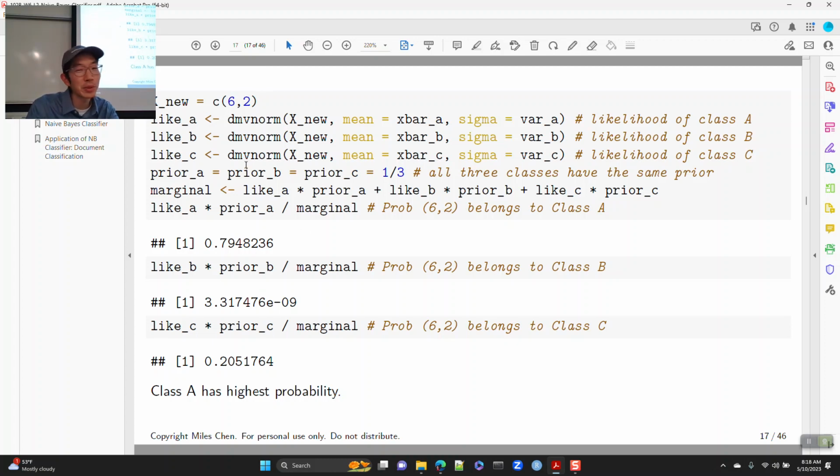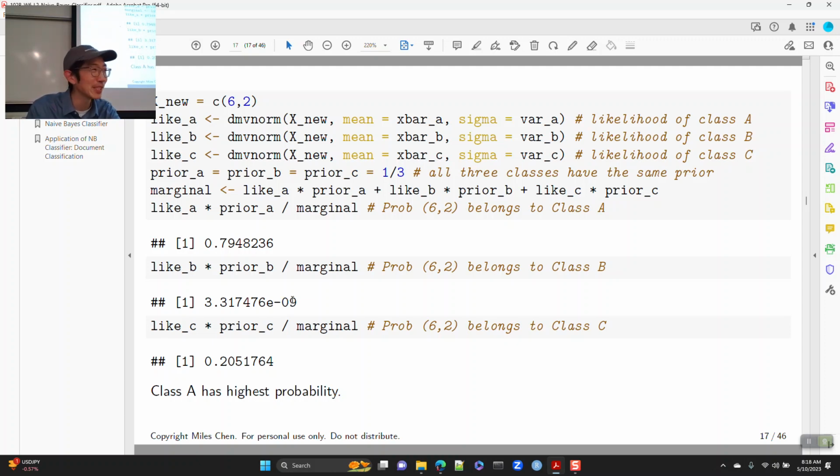Here I just did it all on one slide. Okay, so we have the likelihood by using DMV norm. We're going to say the priors are all 1/3. The marginal is the likelihood times the prior for all three classes summed up. And so the posterior probability that it belongs to class A is the likelihood times the prior divided by the marginal. We get around 79% class A. For class B, likelihood times the prior divided by the marginal is on the order of 3 times 10 to the negative 9.